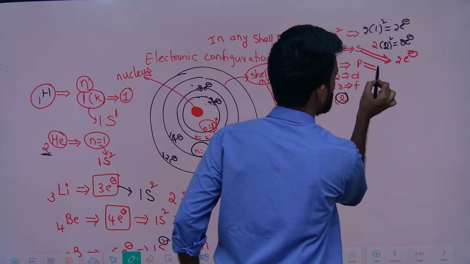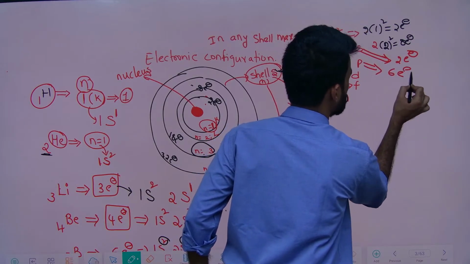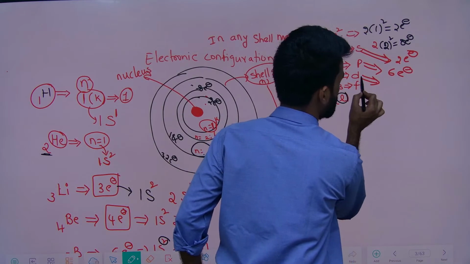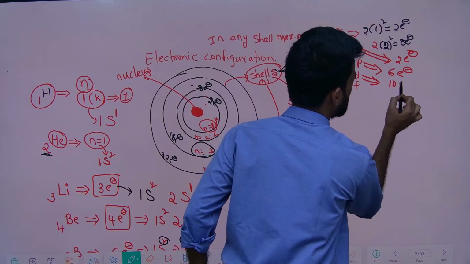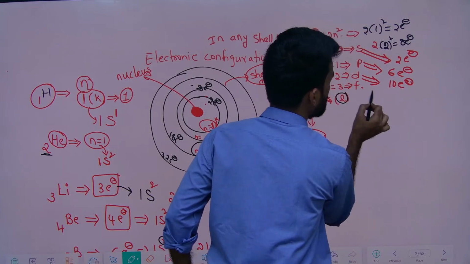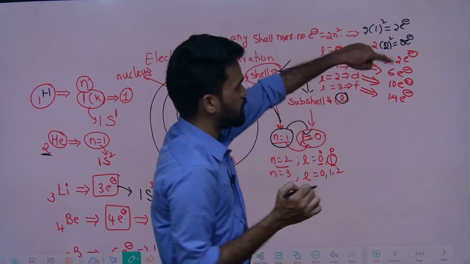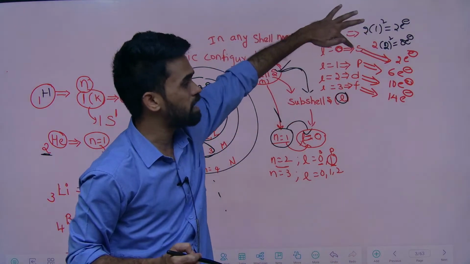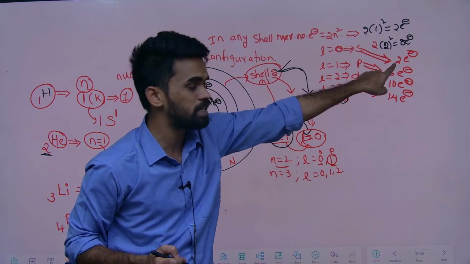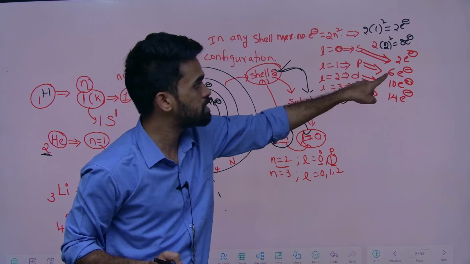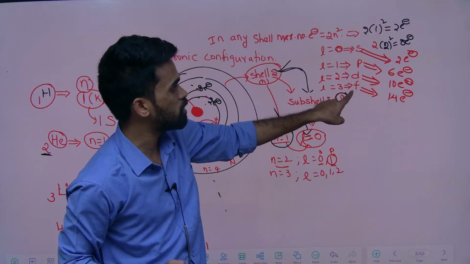In each p subshell we can fill 6 electrons. In each d subshell we can fill 10 electrons maximum. Like that, an f subshell can take 14 electrons maximum. These numbers you need to remember. So s subshell maximum how many electrons? It can accommodate 2. p subshell 6, d subshell 10, f subshell 14.